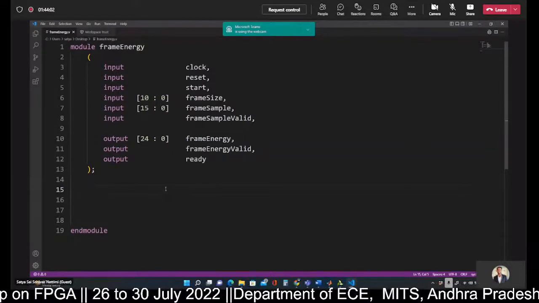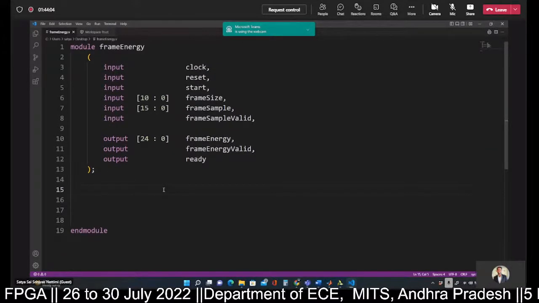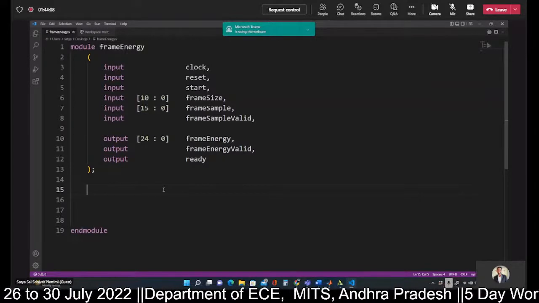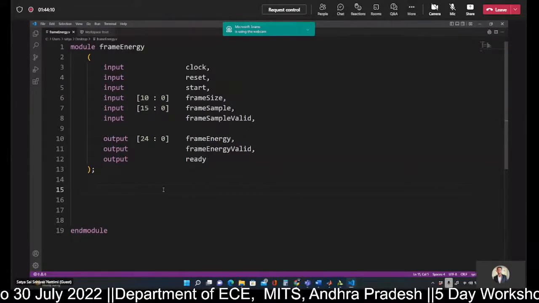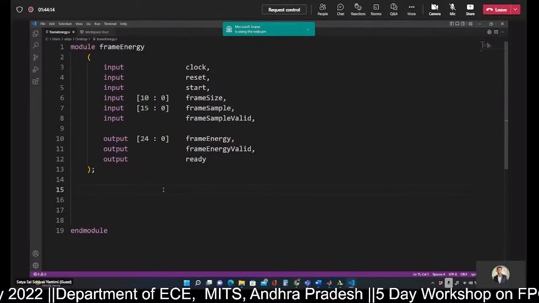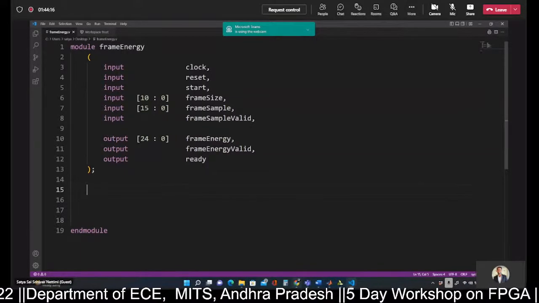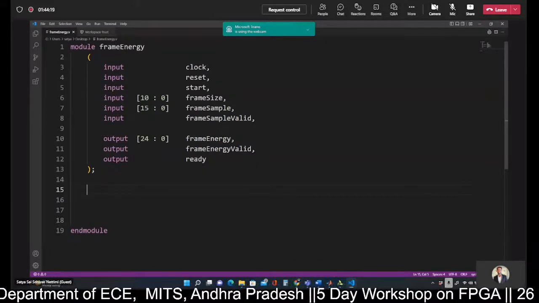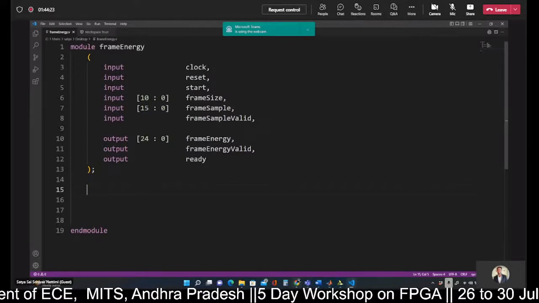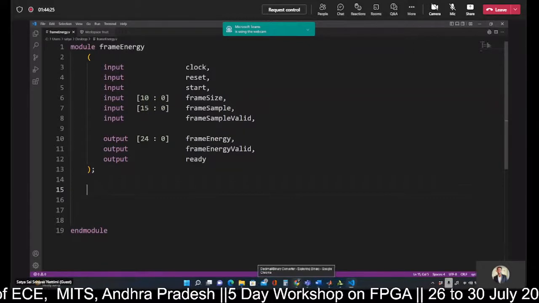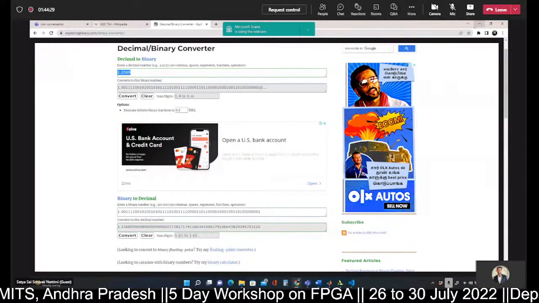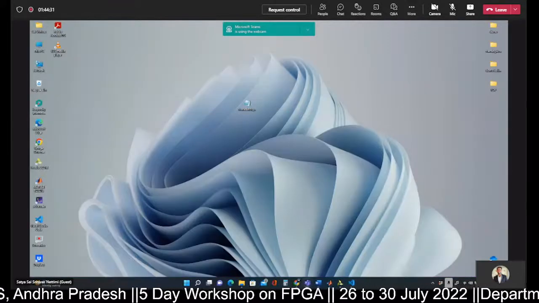Now, yesterday if you remember, I told you I will be discussing one template for designing the FSMs, or the algorithmic state machine with data path. So now I will discuss that template. Before that, let me open the generalized block diagram.